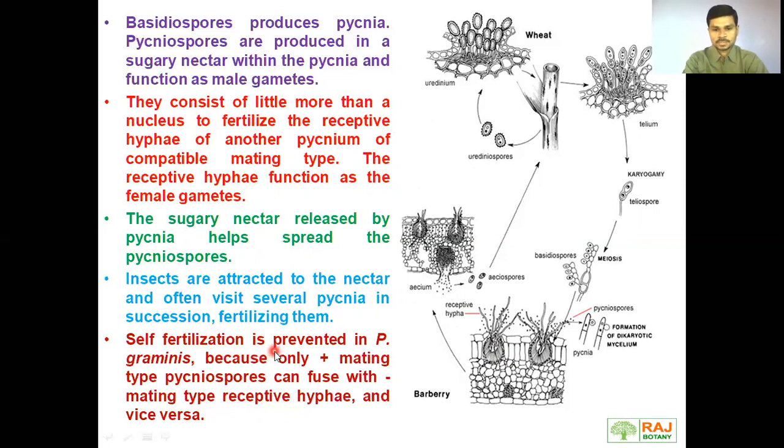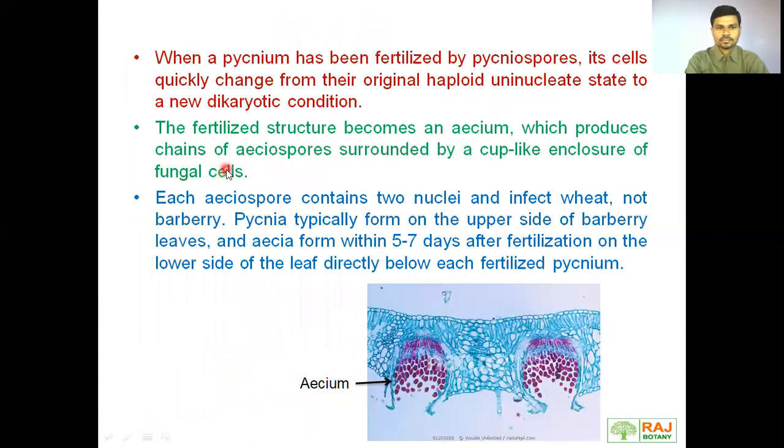Self-fertilization is totally absent in Puccinia graminis because only plus mating type pycniospores can fuse with minus mating type receptive hyphae and vice versa. When a pycnium has been fertilized by pycniospores, its cells quickly change from their original haploid uninucleate state to a new dikaryotic condition.